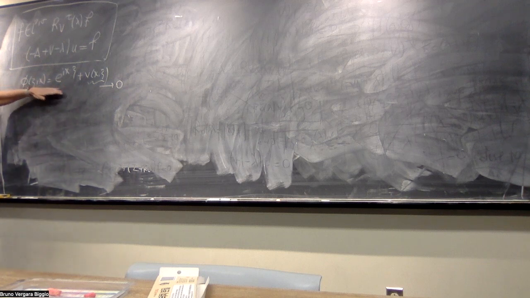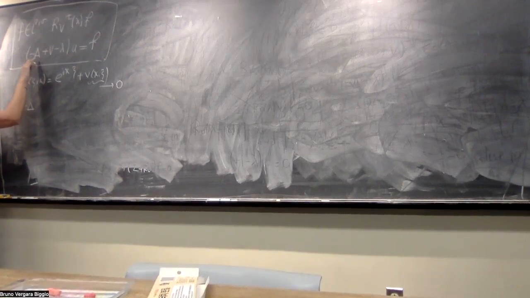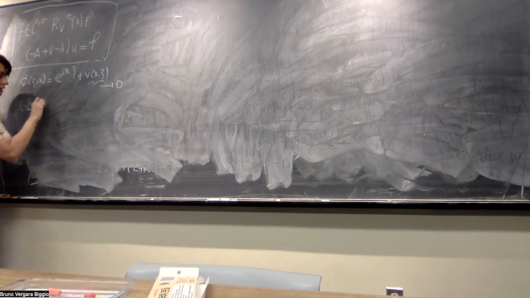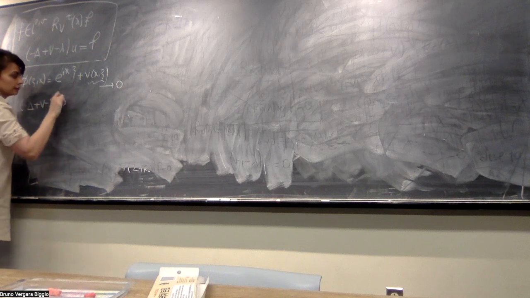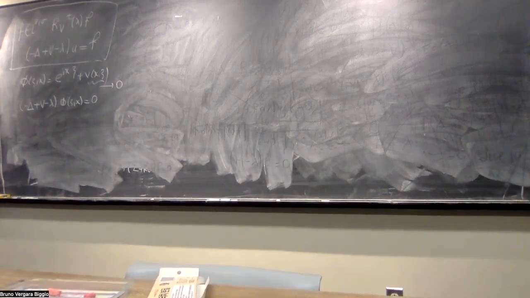And I want this to solve minus Laplacian plus V minus lambda applied to psi equals 0. So in particular, I'm looking for solutions over here, right? I'm just perturbing my plane waves and looking for a solution like this.